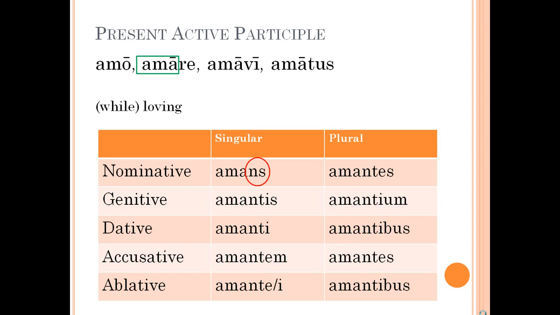The way to identify all the other forms is this -nt that you can see in every form besides the nominative singular. The -nt will help you remember that it's present participle. So anytime you see a word that either ends in -ns or has an -nt in it, it's "verbing." It's a present active participle.